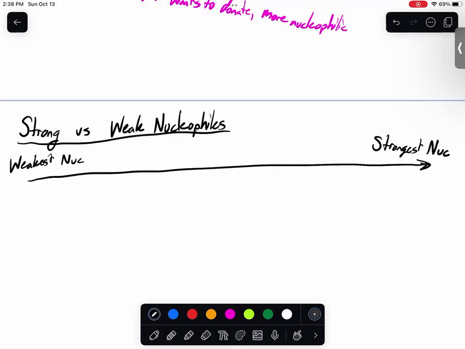They really like to give away their electrons. So ideas of what that is, something like S minus, right? It really wants to give away those electrons. You can think of a negatively charged carbon is actually a really strong nucleophile because it's not very electronegative, so it wants to give away that negative charge. Things like iodide, right? Very large, wants to give away that negative charge a little bit. Something like a negatively charged oxygen. Interestingly, we have a neutral nitrogen, right?